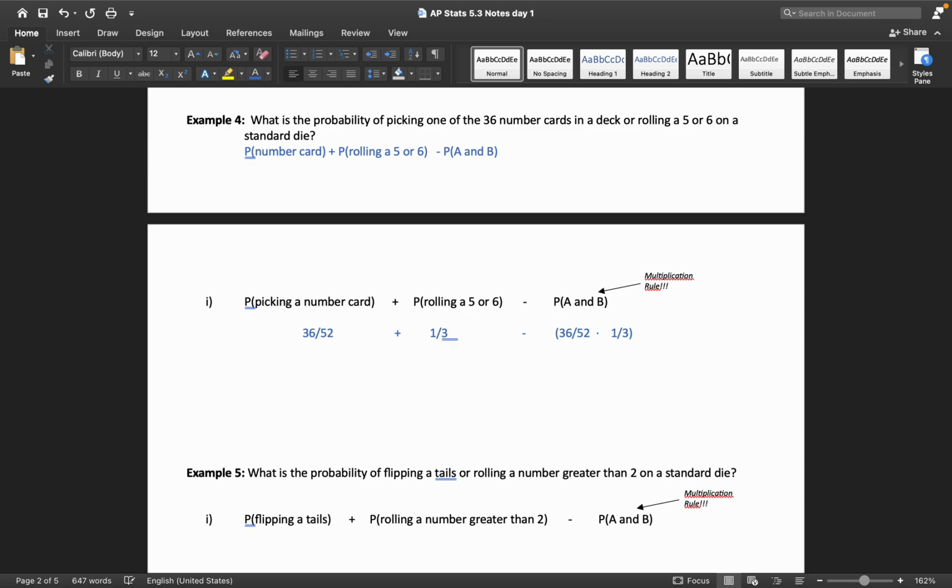So this ends up being 0.6923 plus 0.3 repeating minus 0.23077.